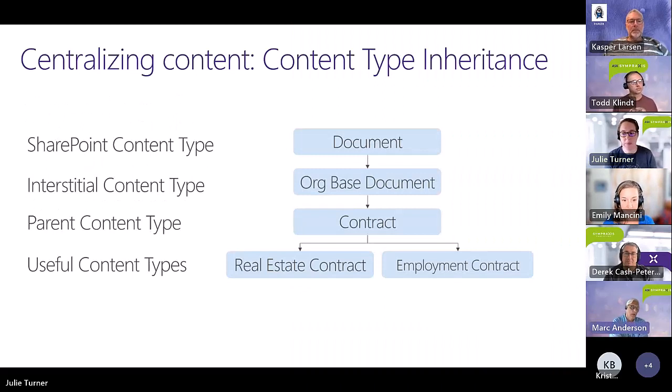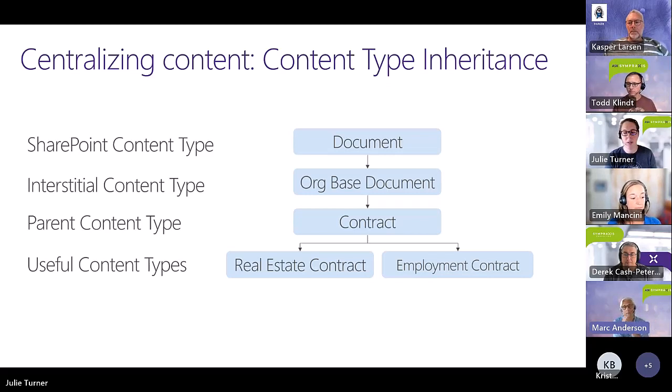Sure. To me, the root of all good things is a good information architecture, pretty much everything that I do. When we create content types and use them, and make sure that content has a content type assigned to it other than document or item or event, then we can start doing some really nice things with search. This slide is about one of the things you want to think about as you're building your content type information architecture.